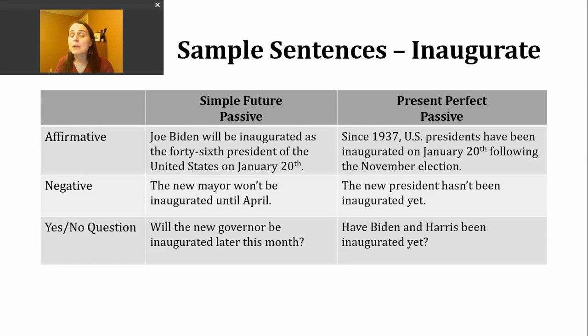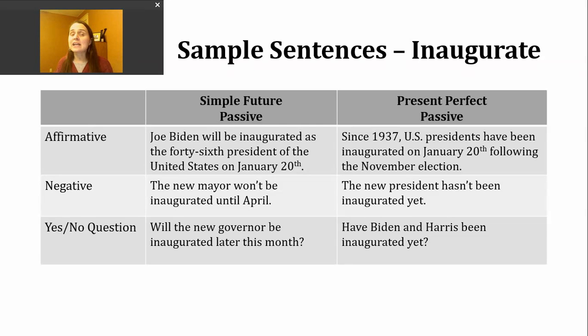Now, if I want to make a negative passive voice sentence in the simple future, I'm going to use will not be and then the participle. Sometimes you'll hear native speakers use the contraction form of will not. That's won't. Here's another sentence. The new mayor won't be inaugurated until April. Okay, so something nice and off in the future.